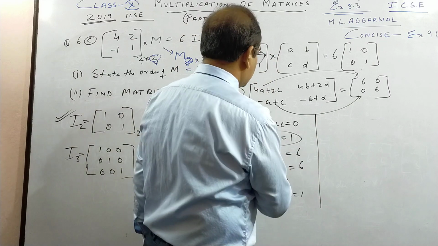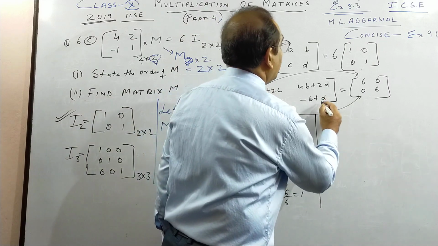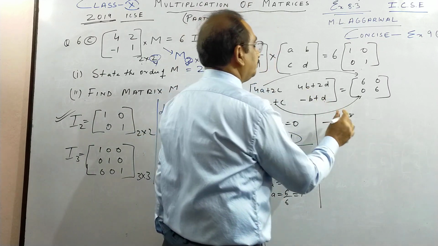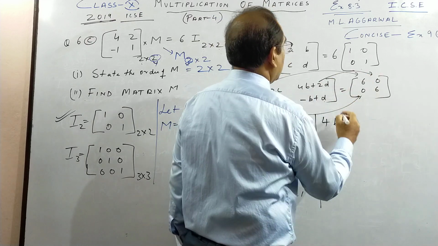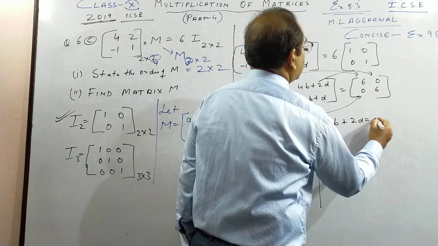Same way here, 4b plus 2d, the corresponding element is 0.